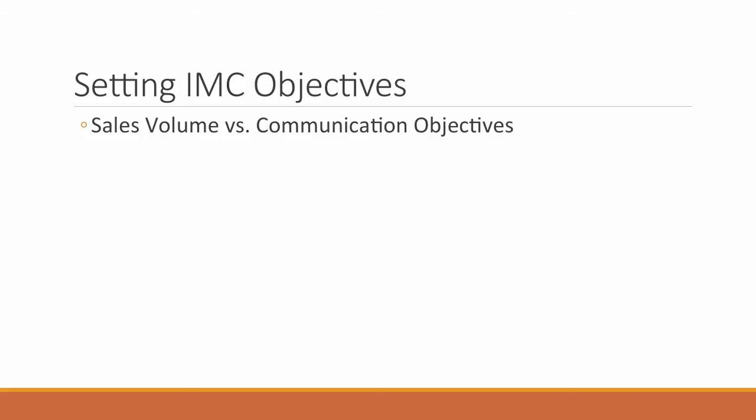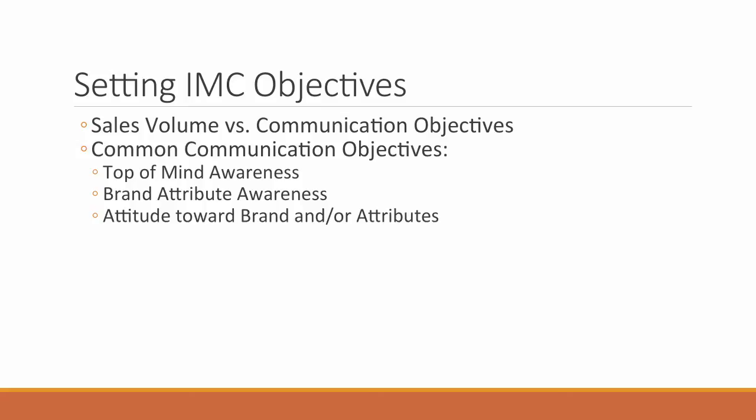So what you might use instead would be some common communication objectives, something like which brand comes to mind first or second or third when you mention a particular product category. We would call that top of mind awareness. You might also measure how aware people are of a certain attribute toward your brand.